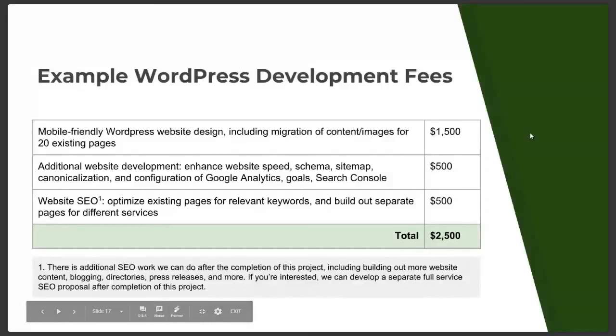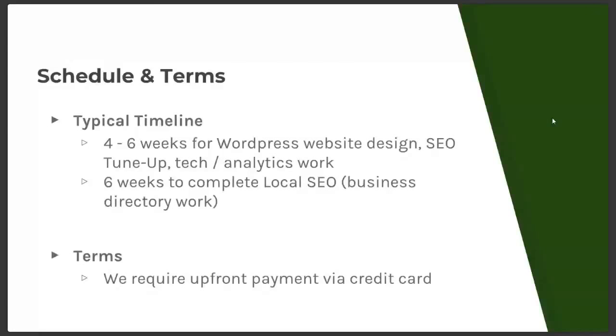And then as far as the schedule, obviously this is going to vary based on the size of the site, but that yoga site is a good example. As far as the fees in that 2,000 to 2,500 range, about 4 weeks, let's say, give or take, up to 4 to 6 weeks, depending on the turnaround time for getting stuff approved.